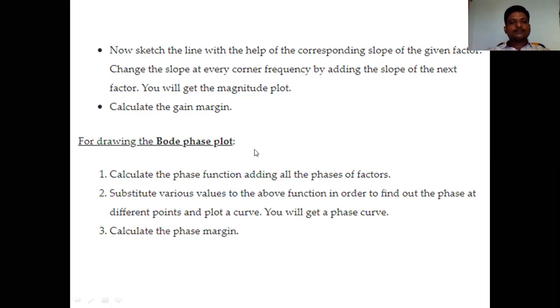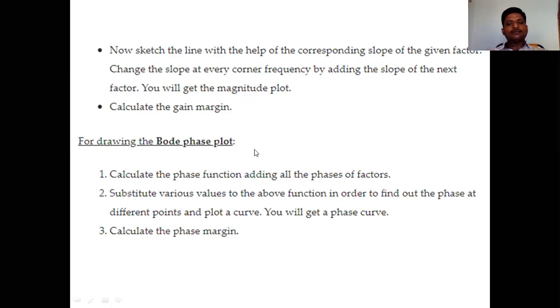For drawing the phase plot, what you have to consider is, from each factor you have to see whether you can write the phase of each factor. If it is a constant, the phase of a constant is 0, so no need to draw a table. And if the factor is a first order factor, then the phase is plus tan inverse of omega by t.